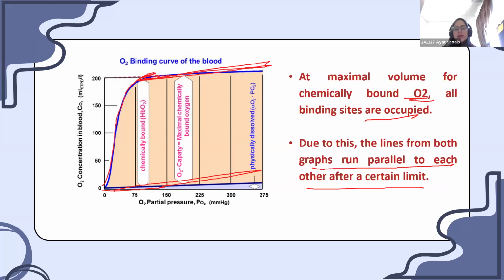Another thing is that if you keep increasing the pressure, you can still get some of the oxygen to bind to hemoglobin, but it requires pressure. It's not as easy as it was over here. You still need a lot of pressure for it to bind. So it gradually increases, like you can see with the physically dissolved one, but it's not as steep as this one.